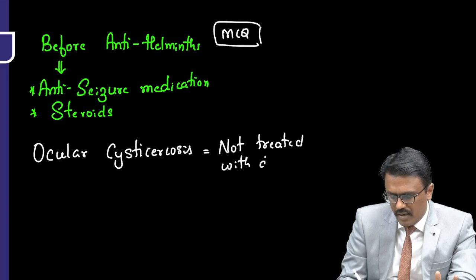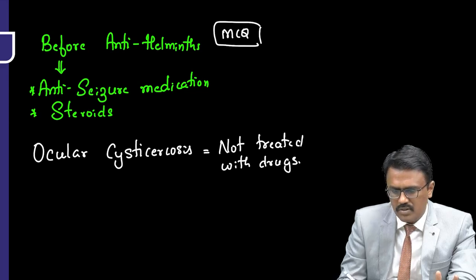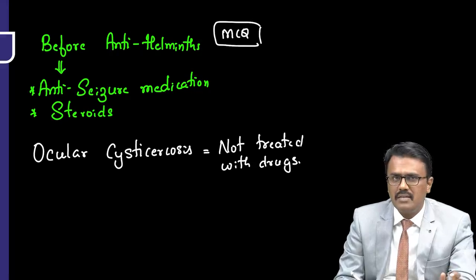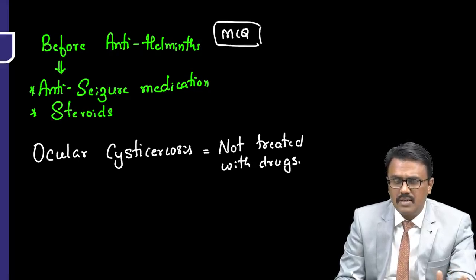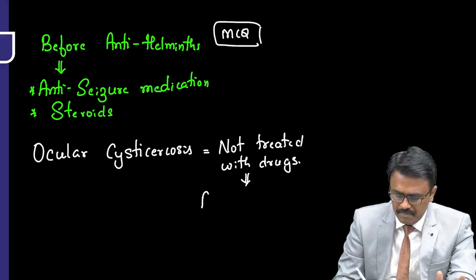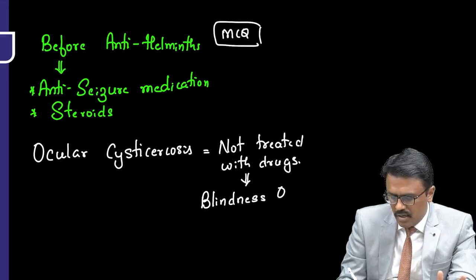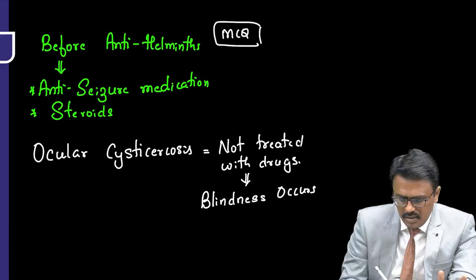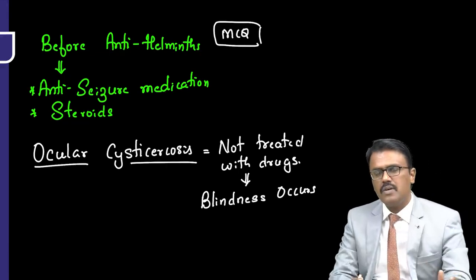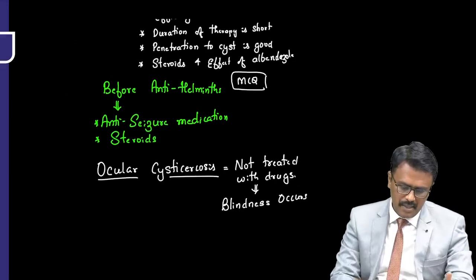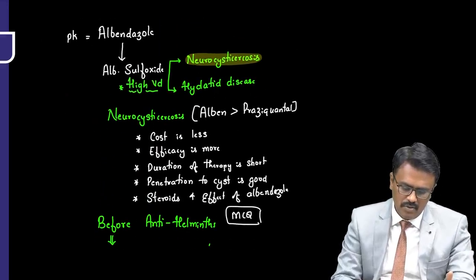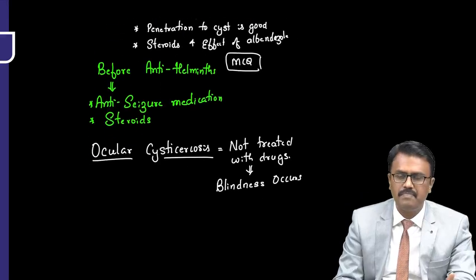The problem is the cyst releases the larvae, inflammation occurs, and the patient may become blind. So that's the reason we don't give drugs in ocular cysticercosis, because the risk of blindness is there. So that is about albendazole pharmacokinetics and mechanism of action.